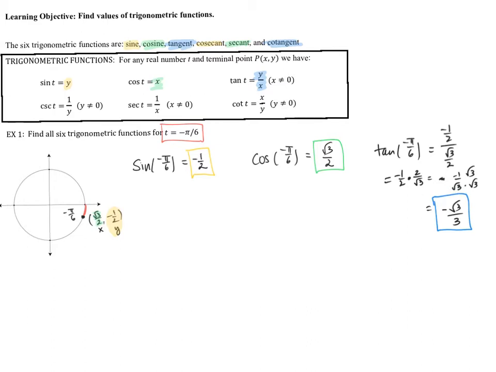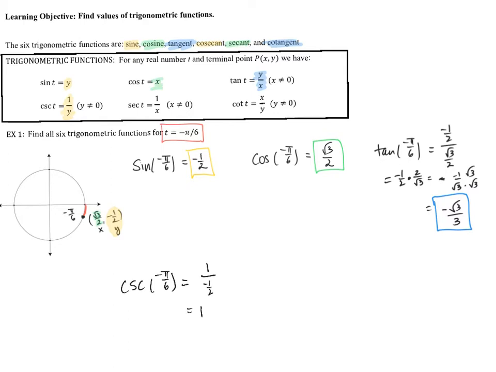Okay, we've got a couple more to go. Let's do our cosecant, and that is defined as 1 over y. So cosecant at negative pi over 6 is 1 over y, and y was negative 1/2.